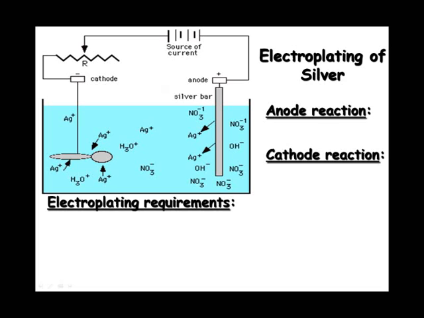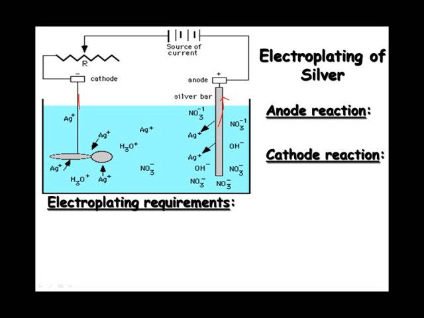are going to come out of the silver bar, causing the electrons to travel up here. It releases the silver plus ions. The electrons flow this way, right?